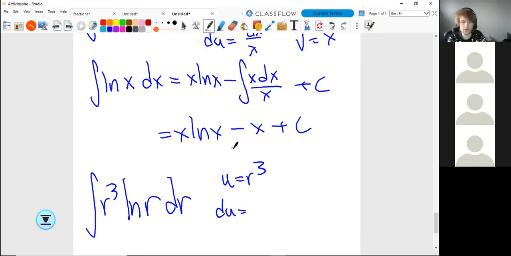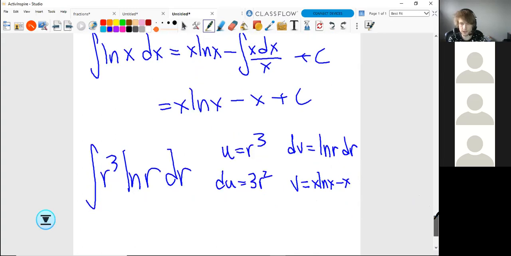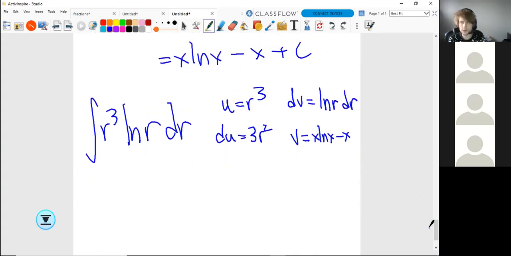Well, I heard the ending of it, but did you set u equal to r cubed? Yeah, I said u is r cubed, and I got v is equal to the integral of ln r dr. Yep. So v is equal to x ln x minus x. We'll say that's the antiderivative we're choosing. Am I quiet or can you hear me? I can hear you now.